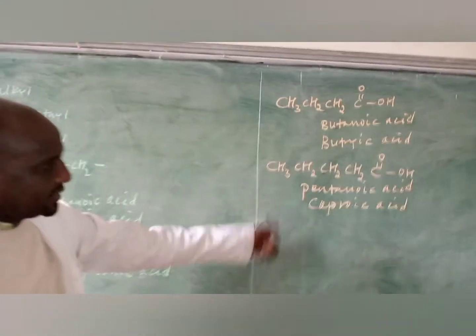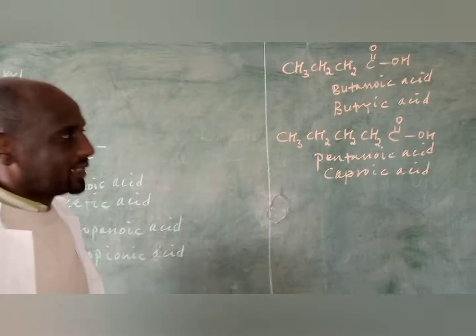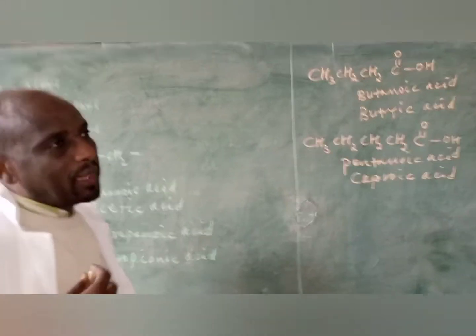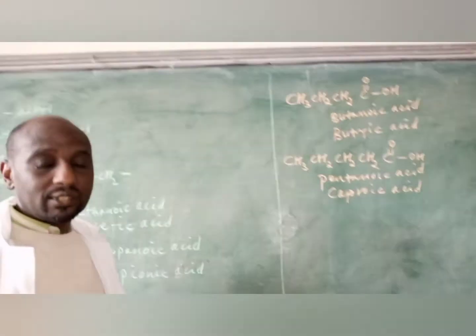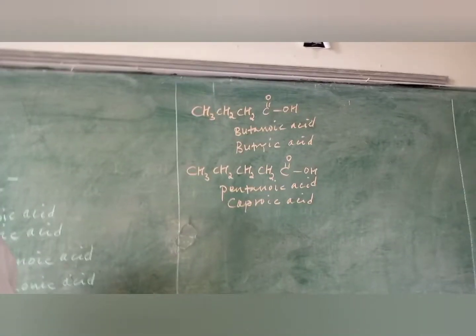Accordingly, we can get the other organic acids: hexanoic acid with 6 carbons, heptanoic acid, octanoic acid, nonanoic acid, decanoic acid, and so on.